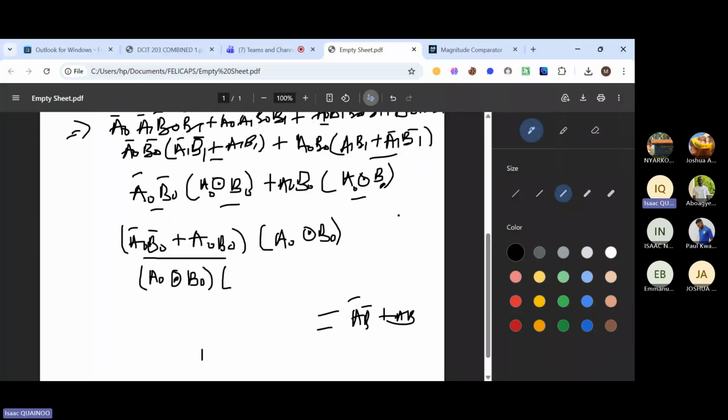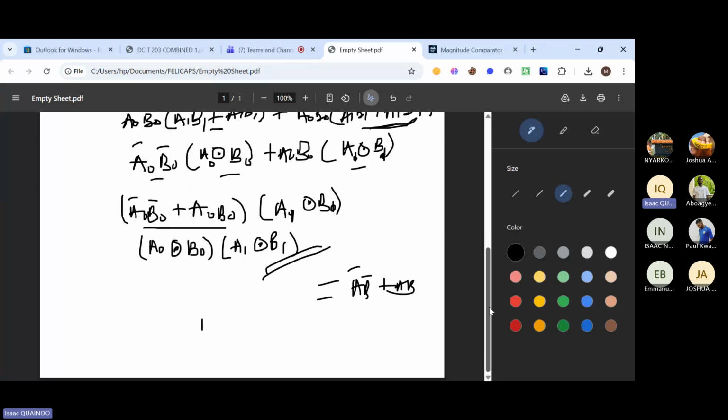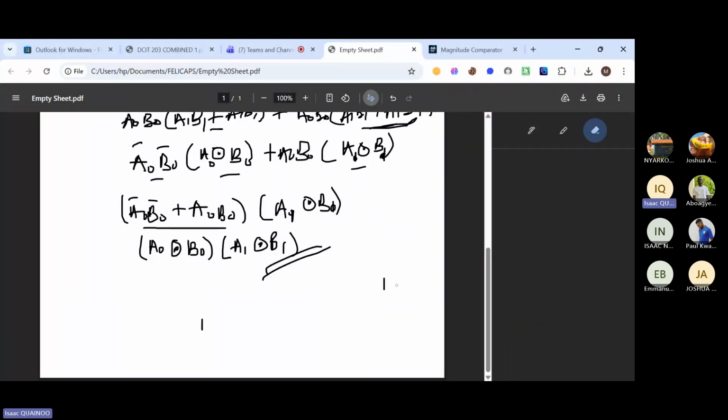Oh no, it seems I've made a mistake, please kindly pardon me. Right at this place, we were supposed to have A1, B1 here instead. Please forgive me. So here was supposed to be A1 XNOR B1. So this becomes the final Boolean expression for our equality for a magnitude comparator.